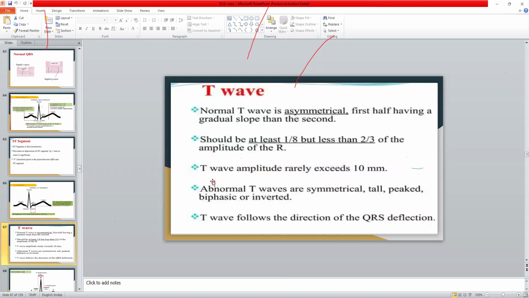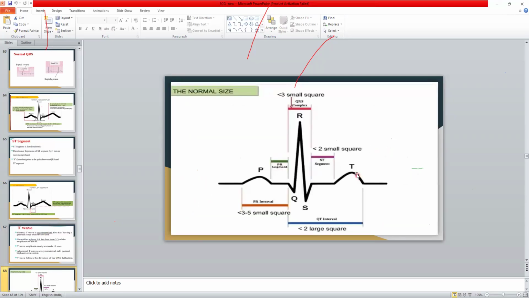Coming to the amplitude of the T wave, it rarely exceeds 10 millimeters. And it should be at least 1/8 and less than 2/3 of the amplitude of the R wave. I'll show you this. See, this is the T wave.